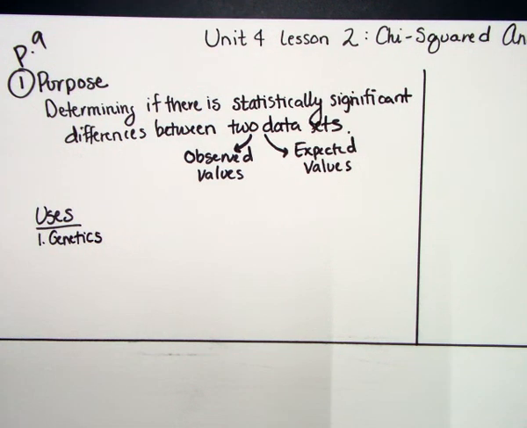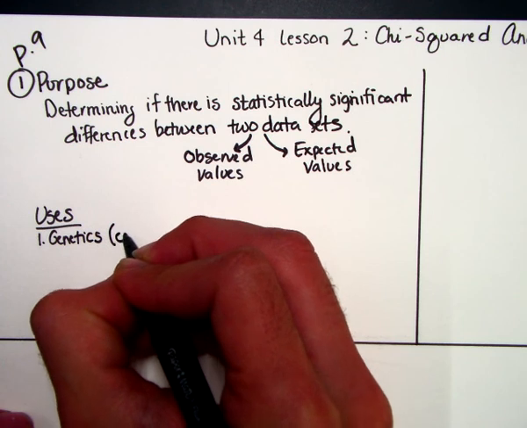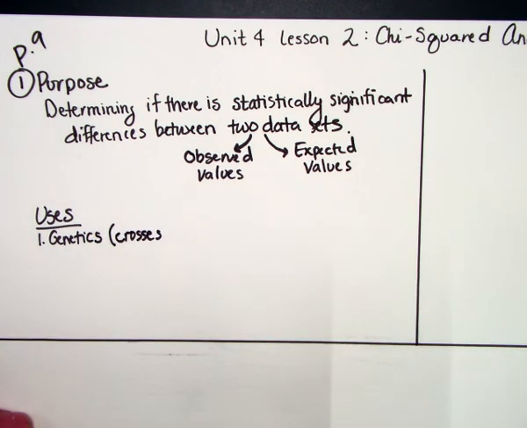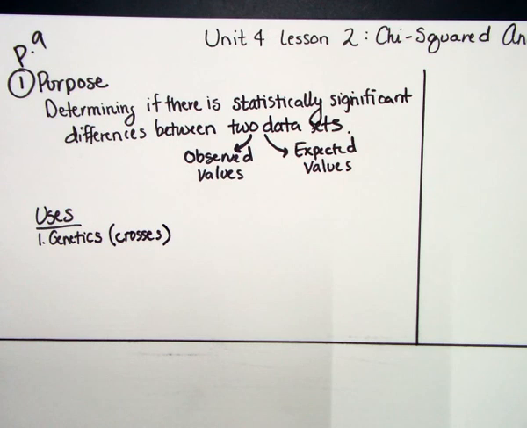We're going to get some practice with looking at crosses, monohybrid and dihybrid crosses, to see if the observed phenotypic ratios of those crosses are statistically different from what we expected from our Punnett square calculations.